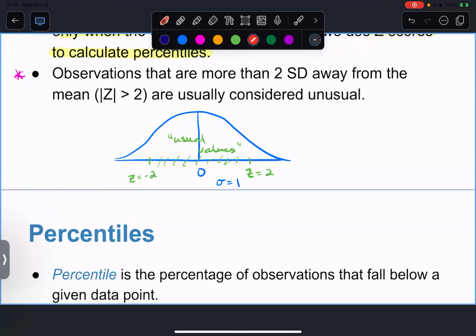Whereas here in this region, we start to think of them as unusual values, right? Why? If the area under the curve is the probability and the curve is getting smaller and smaller and smaller, then the probability of those things is getting smaller and smaller and smaller.